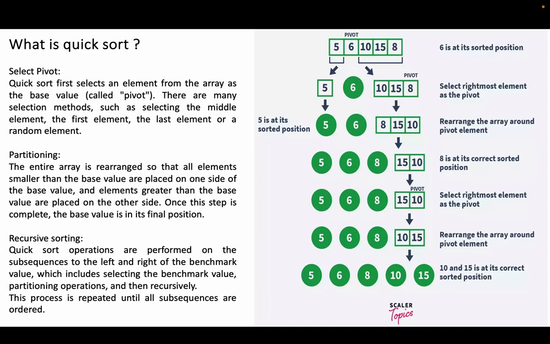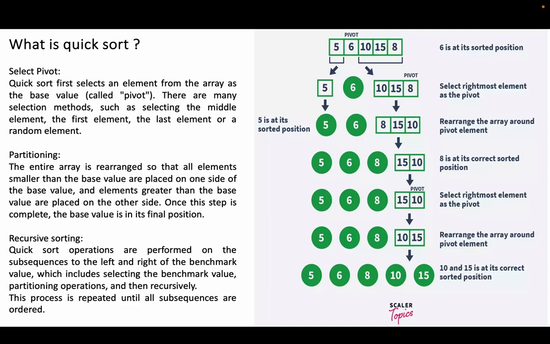Once this step is complete, the pivot value is in its final position. You can see the image on the right side. They pick one pivot and then divide into two sides: one smaller than the pivot, and the other larger than the pivot.